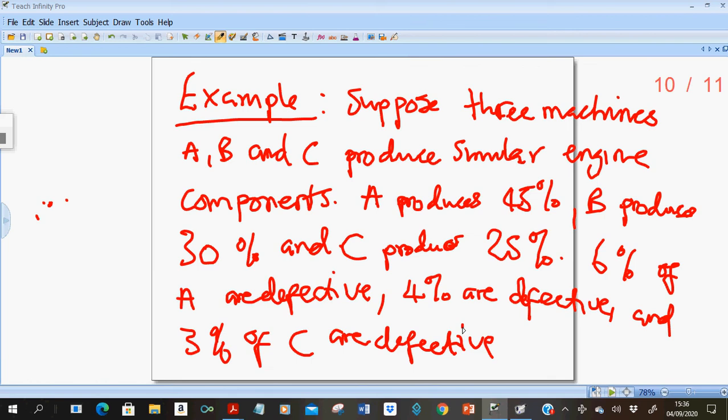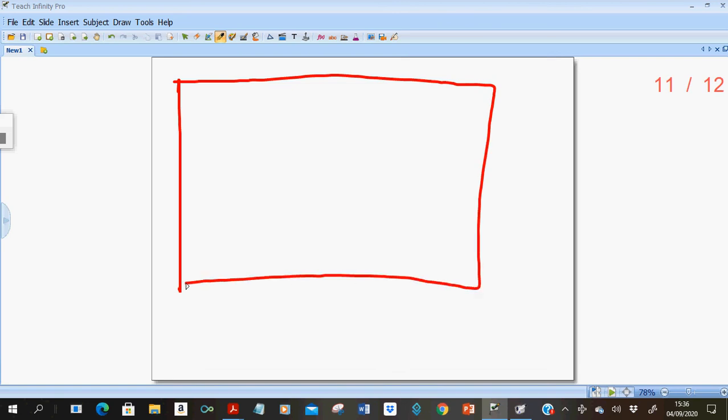Now, what we notice here, we can put it in a diagram. Okay, so we have machine A producing the component, which is what?